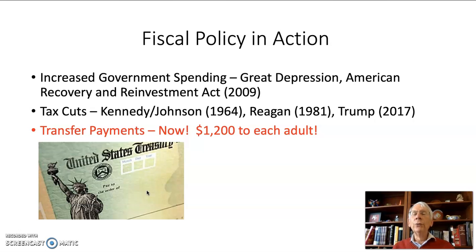If you wanted to reduce aggregate demand, the government could cut its spending. Or they could raise taxes. Or they could cut back on transfer payments. Let high-income people keep more of their money, give less money to low-income people. So you can do this in reverse as well.